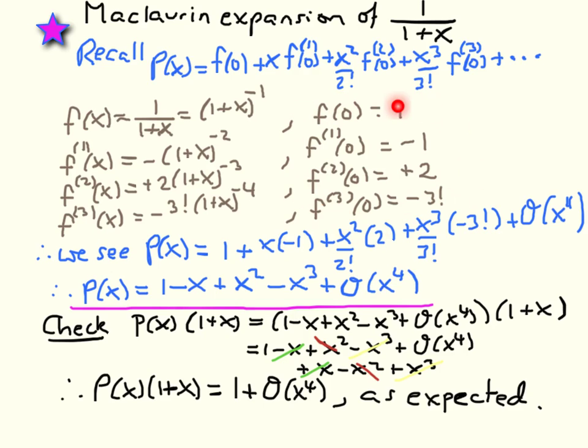We then substituted these into the formula, and that gave us our result, and we have the logical simple check that if we take our expression, multiply it for this function by 1 plus x, we should get 1 up to terms of order x to the fourth, and that's exactly what we got. So with that, we will move on to the next exercise.